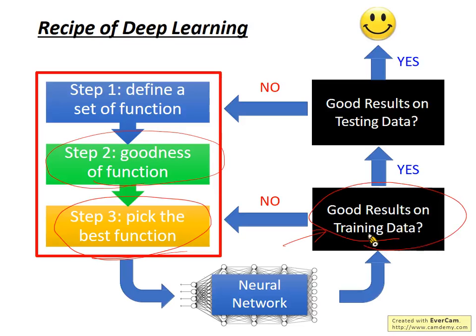If we already achieve good training accuracy, then we check whether we have good testing accuracy. If not, that means our model is faced with the overfitting problem. Then we have several tips to reduce overfitting, and if we apply them, we may have better testing accuracy.